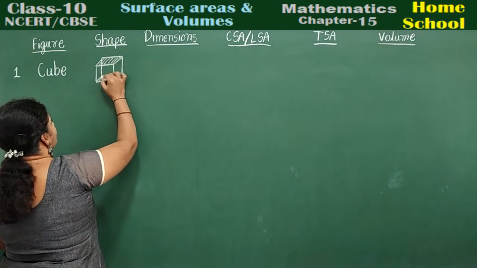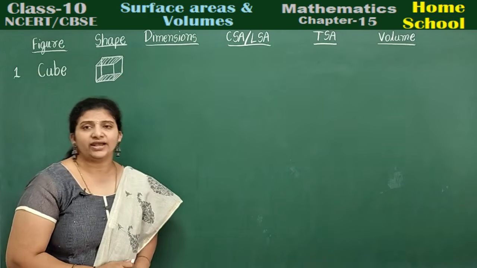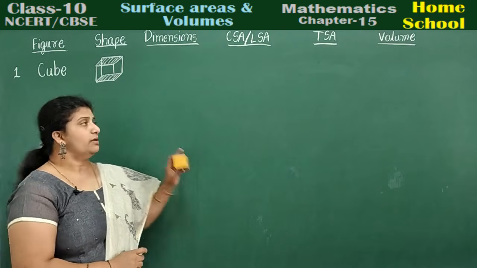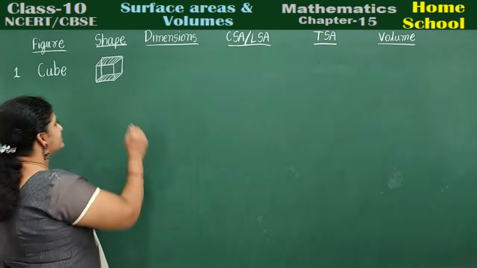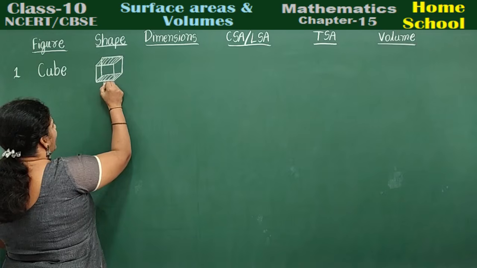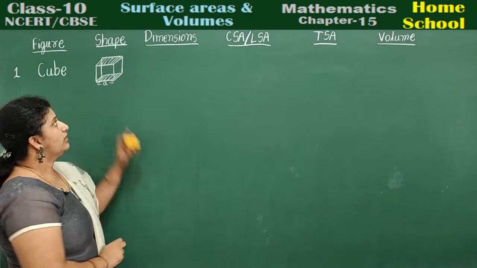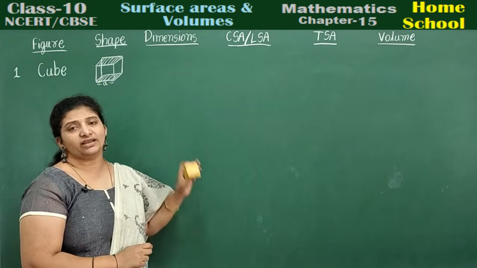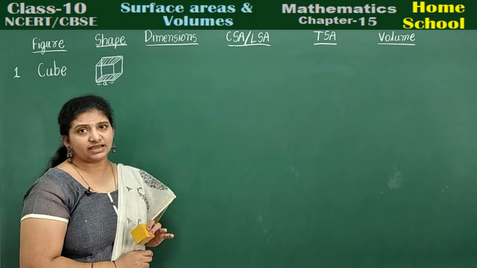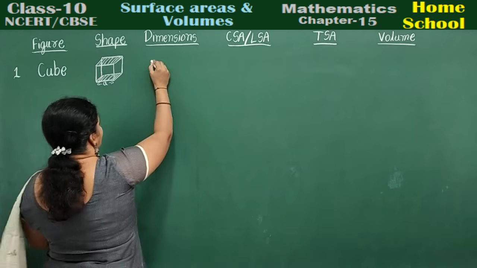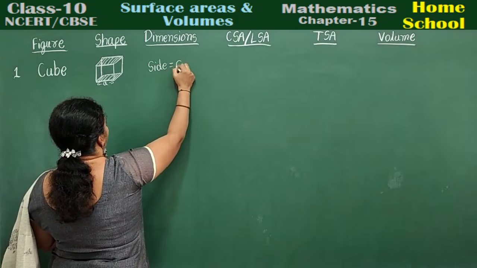It is a three-dimensional figure, but all sides are equal. Let us take its side as a units. Now, dimensions. What are the dimensions we use here? Let us take side equal to a.